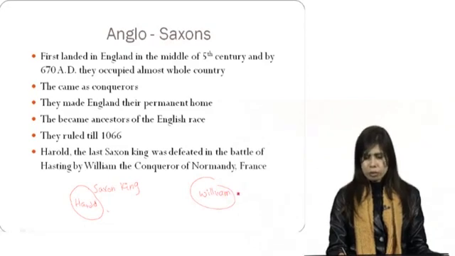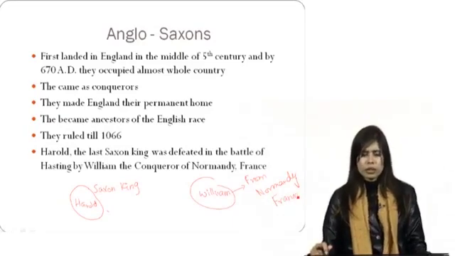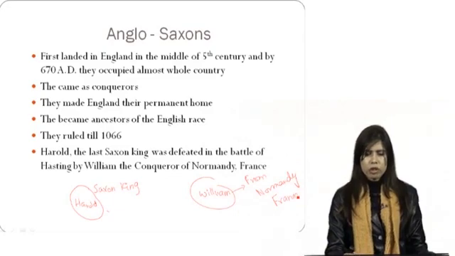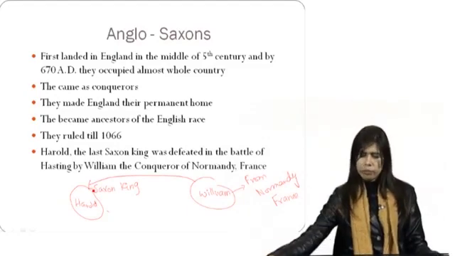William the Conqueror was the Duke of Normandy. He conquered Britain once again and defeated Harold, the last Saxon king.